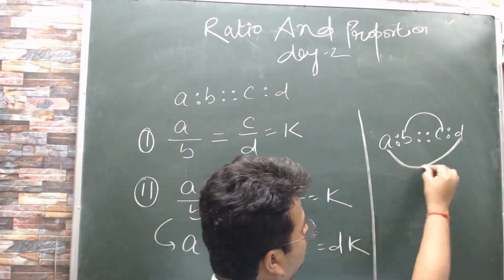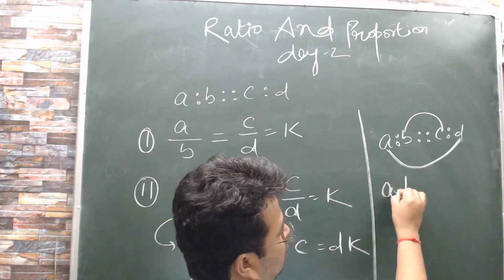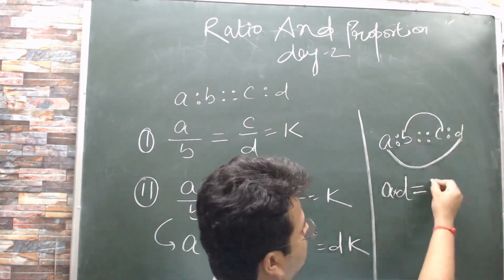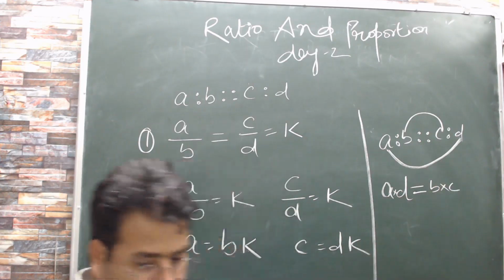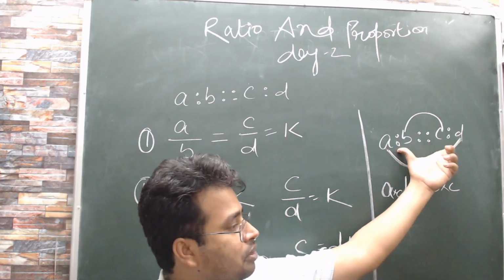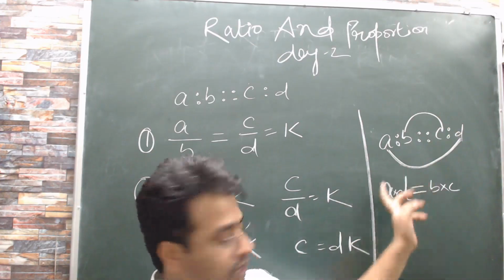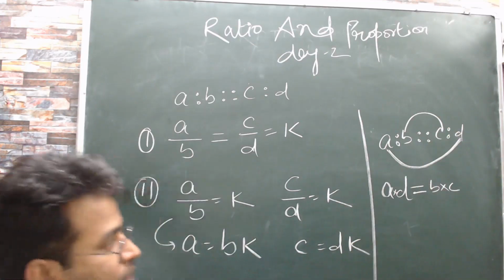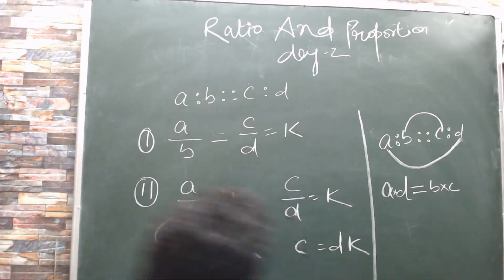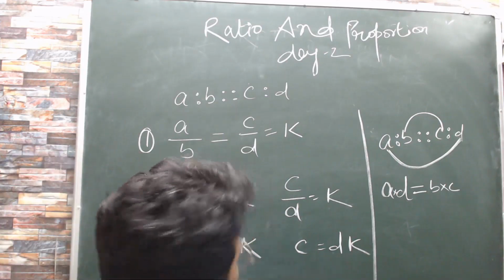So in the proportion, the multiplication of both the extreme terms, A into D, is equal to both the mid terms, which is B into C. In the proportion, the extreme terms' multiplication and the midterm multiplication is always equal. That is, A into D is equal to B into C. Right? Now, we will move to use this concept.